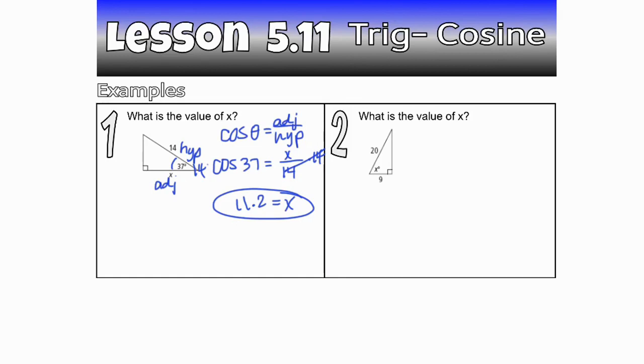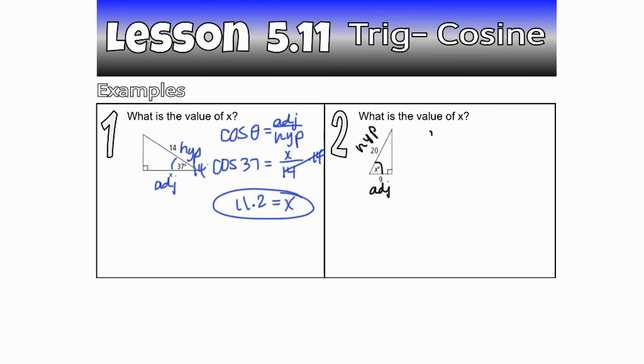Again, I'm going to look to see what I'm given to figure out what tool I'm going to pull out of my tool belt to solve for x in this problem here. I have this angle here, I'm trying to find that angle right there. And I'm given the 9 as this adjacent side and 20 as the hypotenuse. So which one's adjacent and hypotenuse? Yeah, cosine.